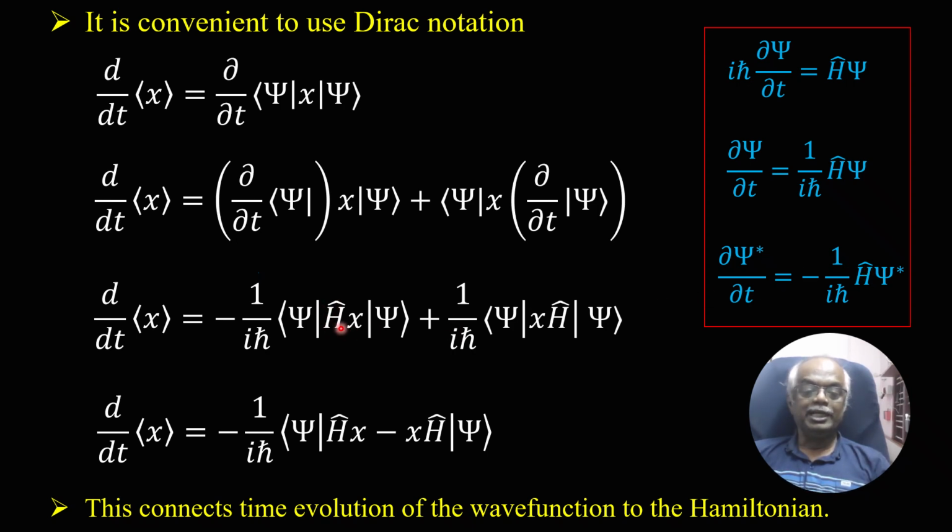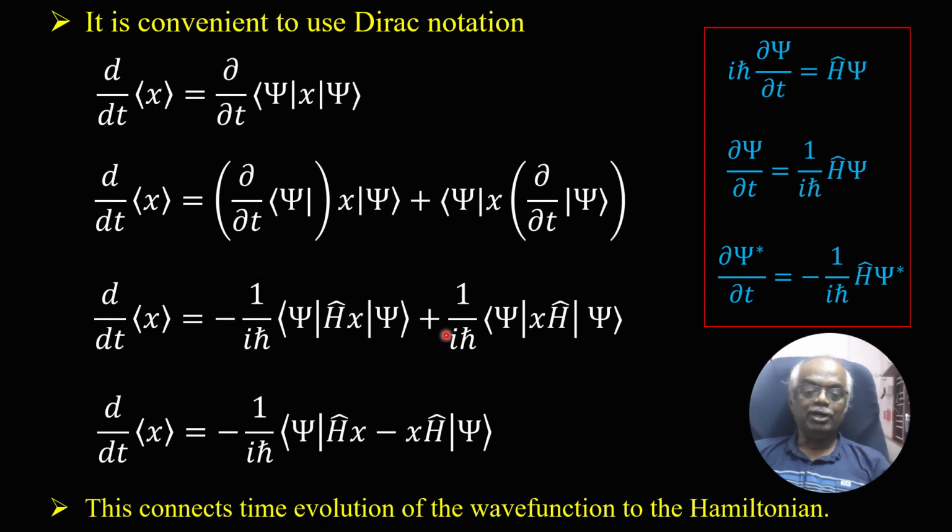H is a Hermitian operator. It will act both on the bra vector and the ket vector. Nothing will change. Here already there is an x. And you replace this ket vector. Ket vector: 1 over i h cross bra psi x is here. And you replace the partial time derivative of ket psi with this, that is, 1 over i h cross H ket psi.